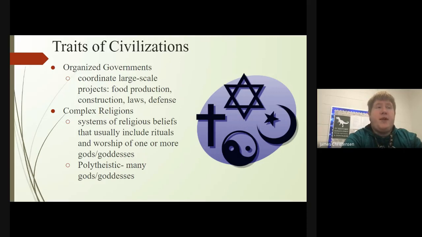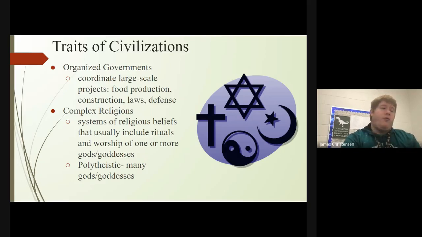Now, most of the major religions that still exist today, namely things like Christianity, Judaism, and Islam, all worship one singular god. Whereas you have other religions, such as Hinduism, that believe in more than one god, and that being polytheistic, the belief that there is more than one god or goddess.